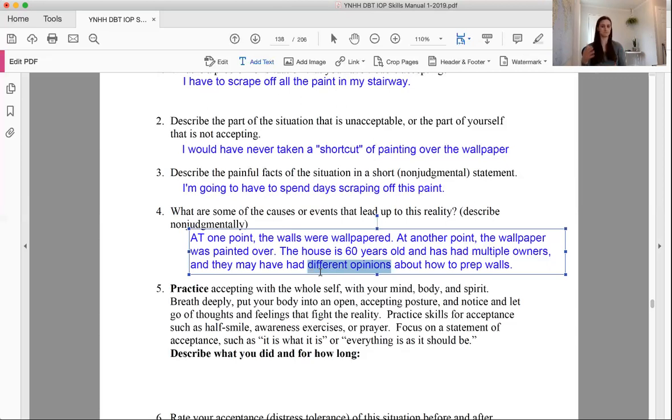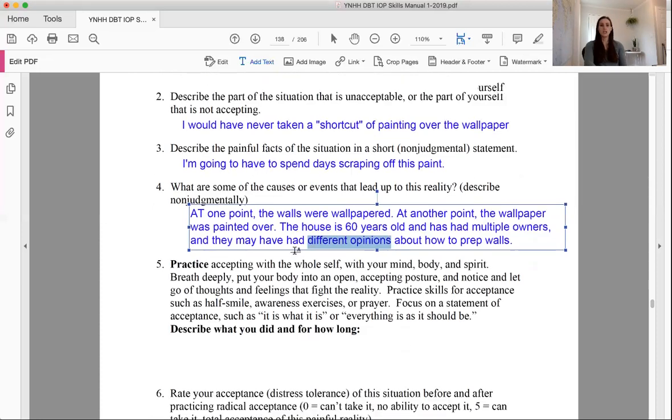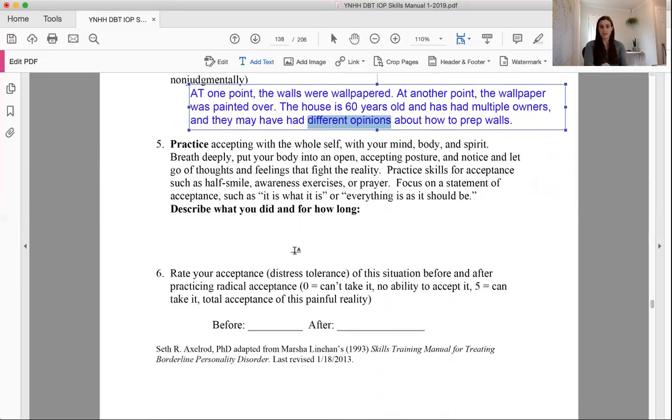Okay. So now the next part of this skill is where we're actually doing the practice of accepting the reality. You can do this a lot of ways, but a very important part to remember is that radical acceptance is radical. That means you're accepting with your mind, your body, your spirit.